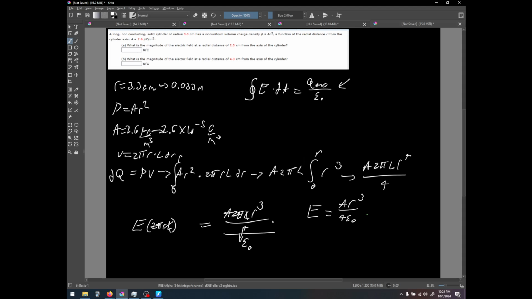And now, what, do we just plug in r? A equals 0.6 times 10 to the negative 6. I wrote negative fifth.